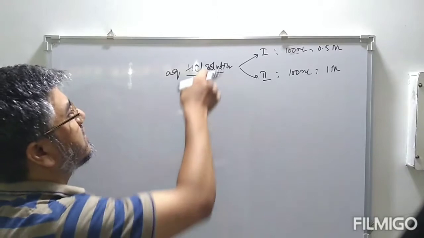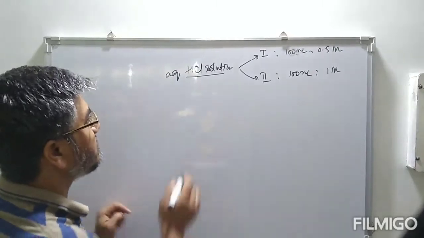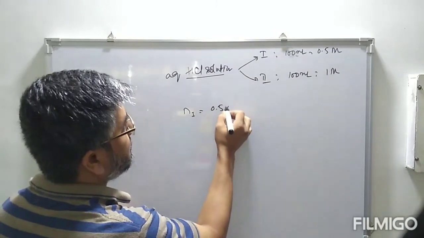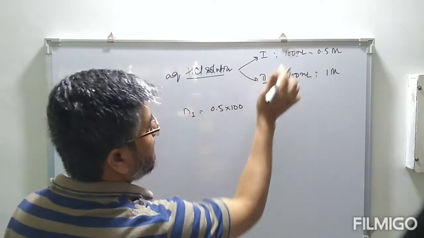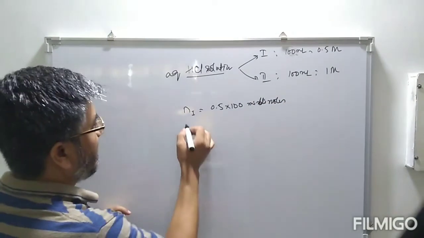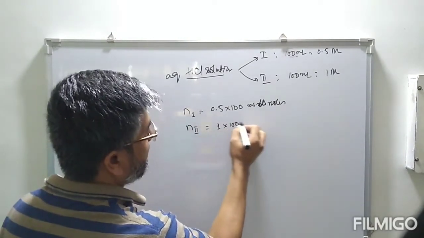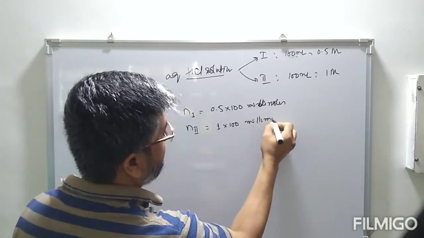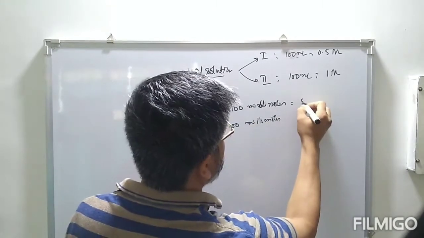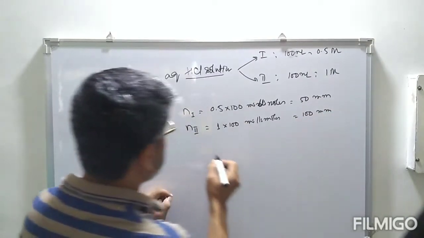So what is the concentration of HCl after mixing of these two? So number of moles of HCl in solution 1, that is molarity into volume. Since this is ml, so we say this is millimoles. Number of moles of HCl in solution 2, that is 1 into 100 millimoles. So therefore, this is 50 millimole, this is 100 millimole.